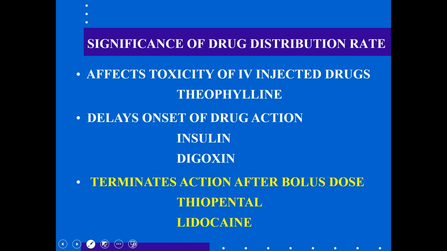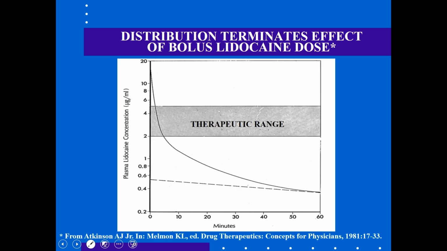Well, distribution also terminates the action of many drugs given after a bolus dose. And perhaps the one that you've observed is the fact that if you have somebody with a ventricular arrhythmia, say a VTAC, and you give them a bolus injection of lidocaine, after 8 to 10 minutes, the arrhythmia comes back.